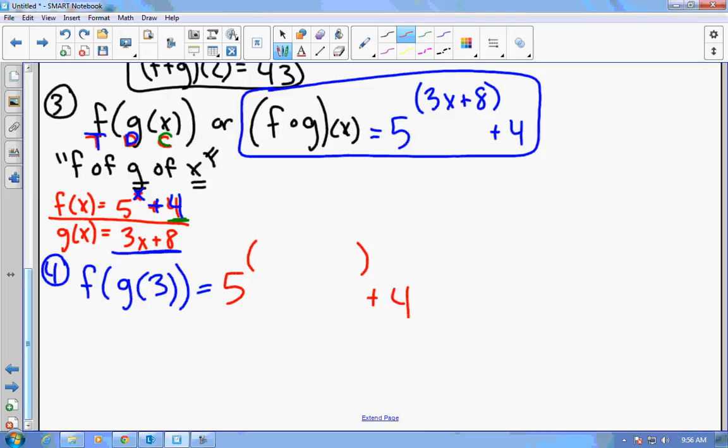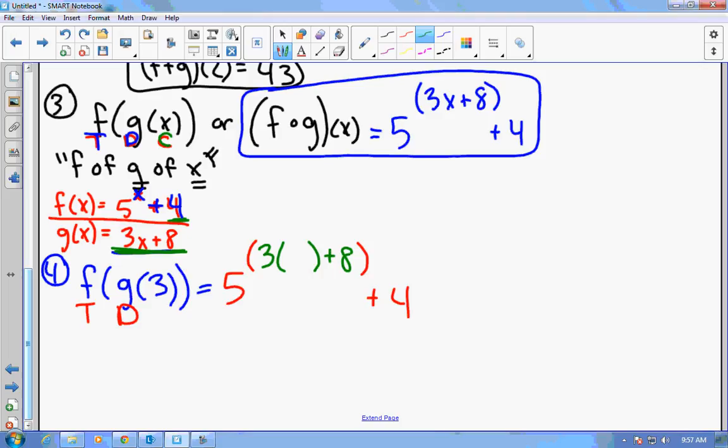Wherever there's an x, you're going to be stuffing something inside. Who's the duck, Duncan? g. So we're going to stuff g inside of f. g was 3x plus 8, but I have more stuffing to do, so wherever I have an x, I'm going to put a parenthesis, 3x plus 8.